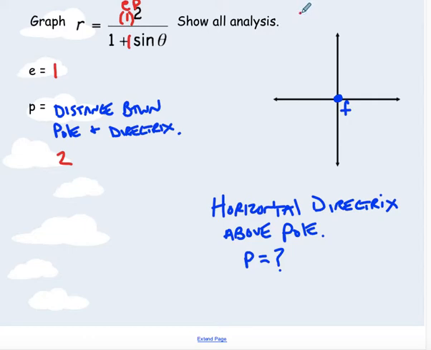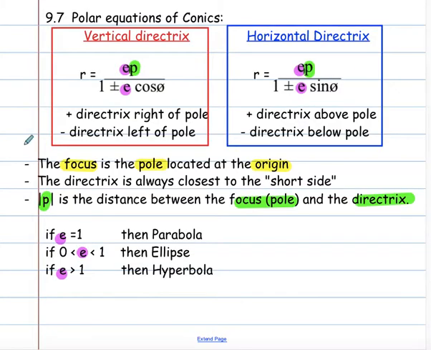So here's what we had. On the top of our equation, it was a 2. We know that that would have to be E times P. And I know from looking down here that E is 1. So 1 times what would give us 2? Yeah, it would have to be a 2. So P is 2. So what this means is if E is 1, it's a parabola.